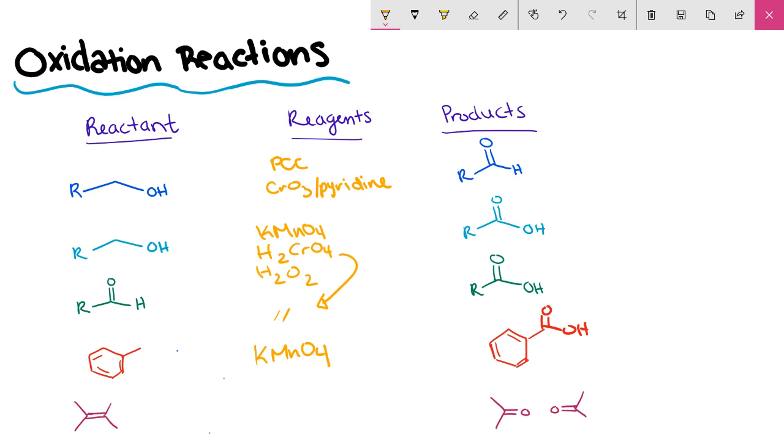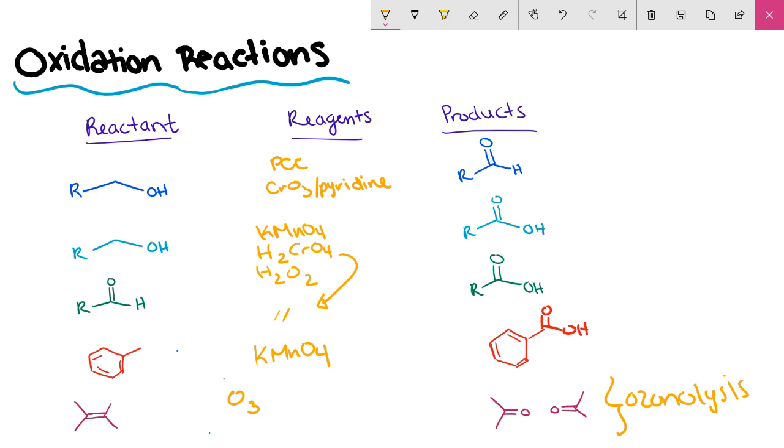Now this next one is interesting. It looks like we're splitting this alkene into two carbonyl containing molecules. So this is a special reaction known as ozonolysis, and this is usually done with an ozone molecule, and the ozone molecule is O3.